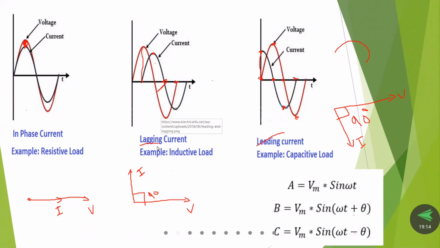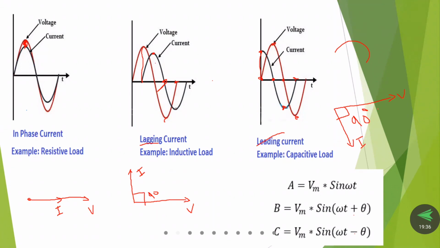Lagging is nothing but backsliding. Falling behind we call lagging, and moving forward we call leading. So here the current is always lagging by an angle of 90 degrees. Lagging means backsliding, so the current waveform is represented on the y-axis at an angle of 90 degrees.